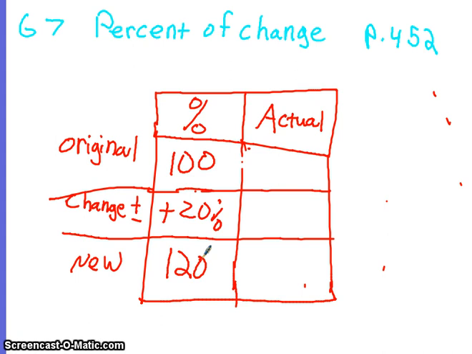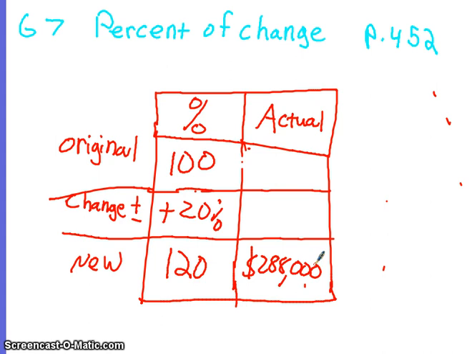And the house value now is $288,000. That's what it is now compared to what it was before that 20% increase. Now here's the question. By how many dollars did it increase?